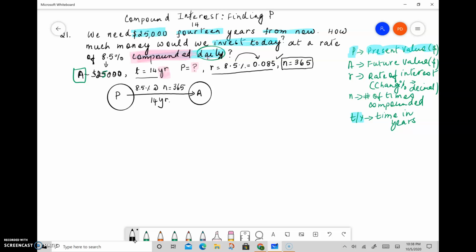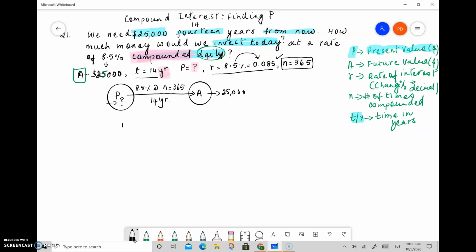So a lump sum goes into the account, a lump sum is collected at the end of 14 years. For this question, we need to find P when we are given everything else, including A, that's $25,000.